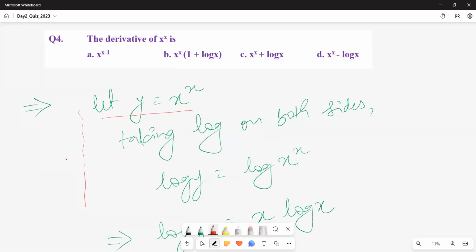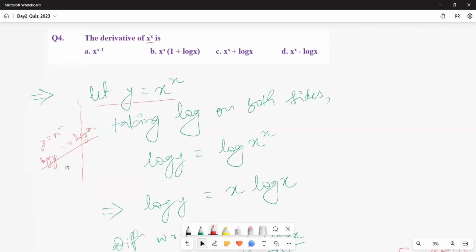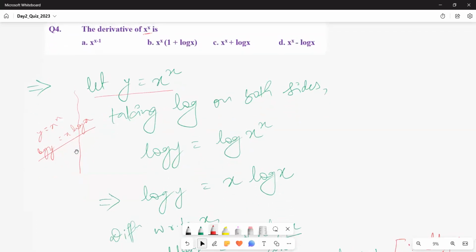We are going to find the derivative of x to the power x. So just suppose you have x to the power x, then you take log on both sides, you can directly write log y equal to x log x. So there are many steps you can save, just two lines, then you proceed with the derivative.